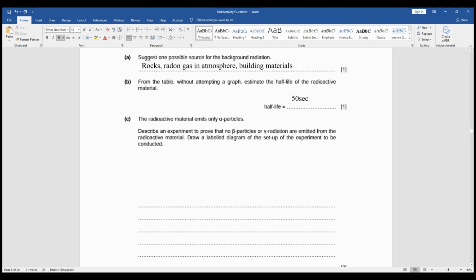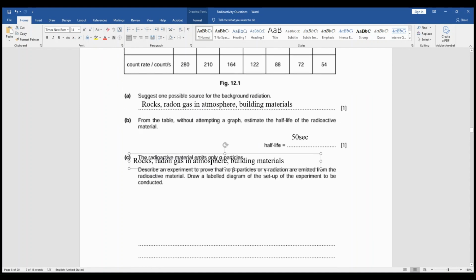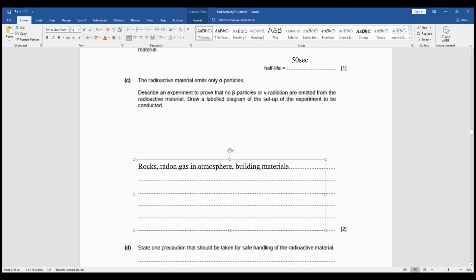Okay. This one I need a big space. Okay, first.